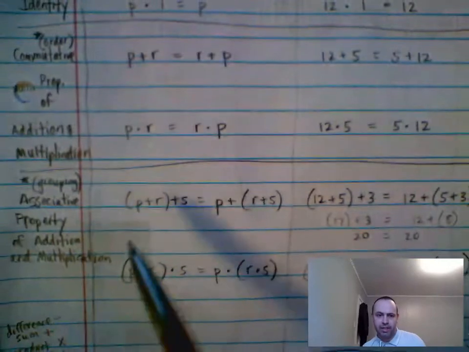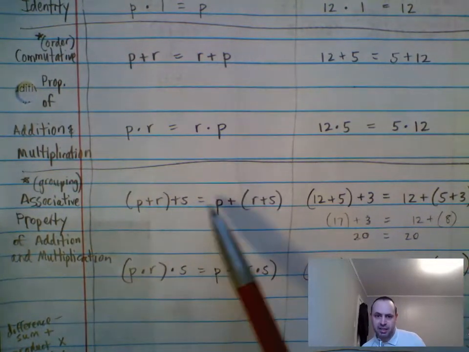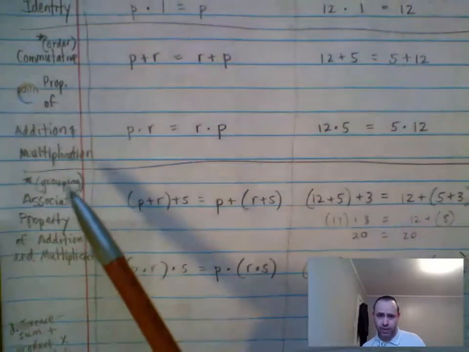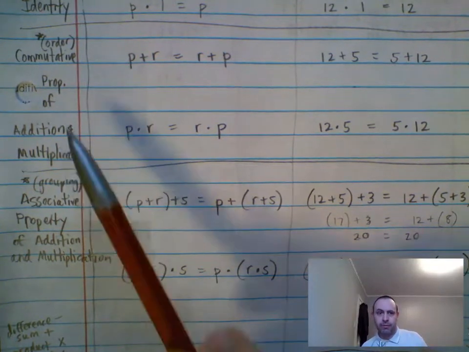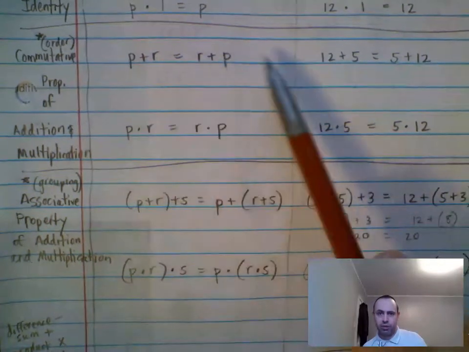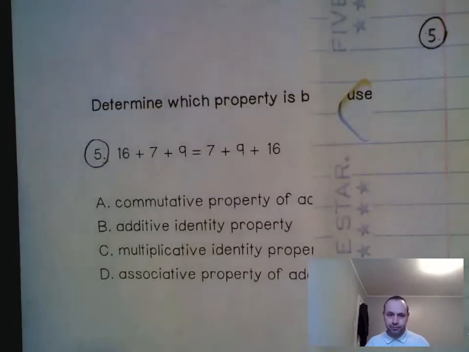And then you had one called the associative property of addition, where there were 3 things, P plus R plus S equals P plus R plus S, but the thing that changed there was the grouping, okay? So the associative property deals with grouping, the commutative property deals with order, even though I just put 2 numbers there yesterday.